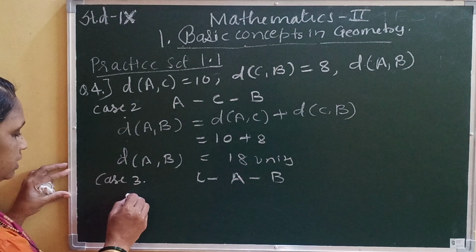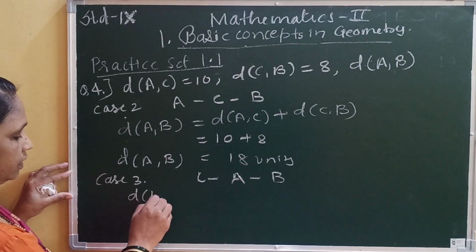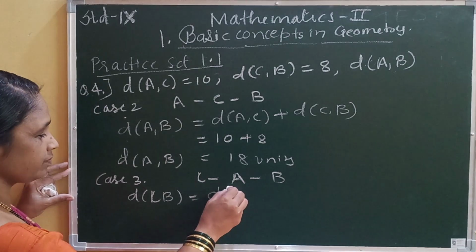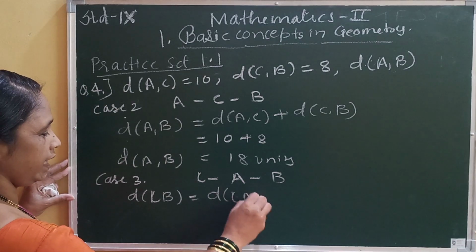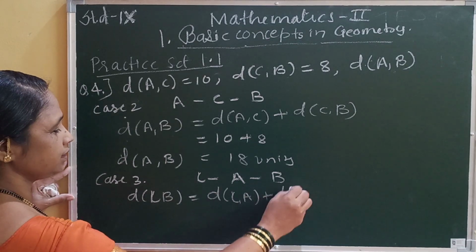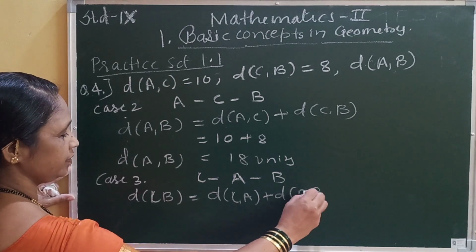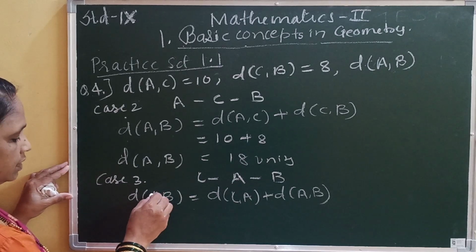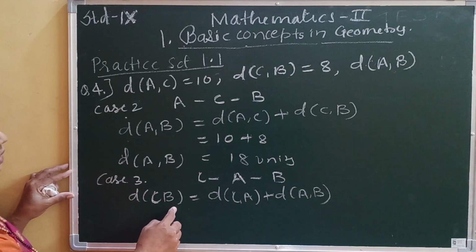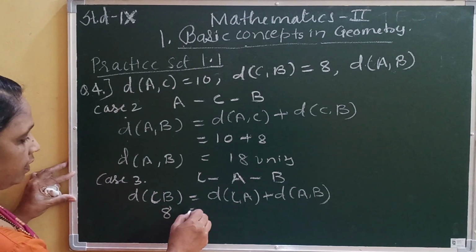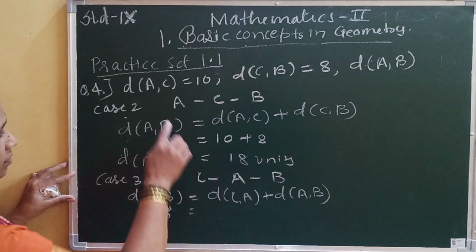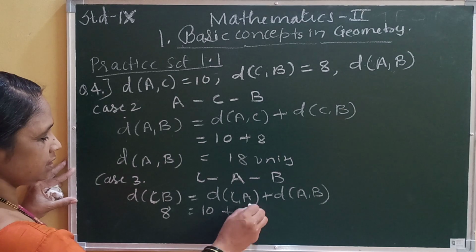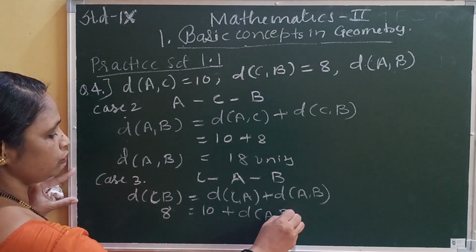So distance CB will be equal to distance CA plus distance AB. Distance CB is given as 8, and distance CA, which is only AC, is 10, plus distance AB, which we have to find out.